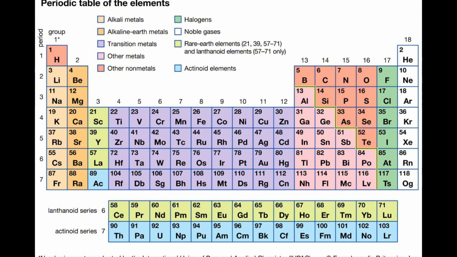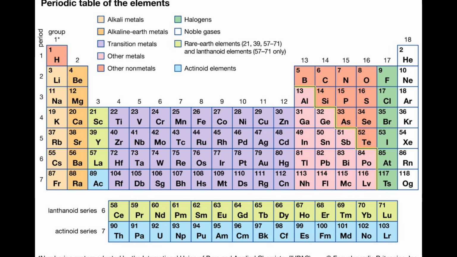Right? So we see here that elements are arranged from left to right in terms of their atomic number. They are arranged coming down in their groups because they have the same number of electrons on their outer shell, but they also increase in shell amount going down.